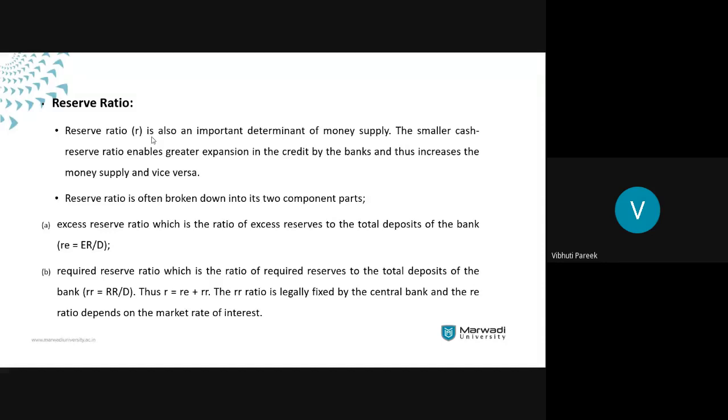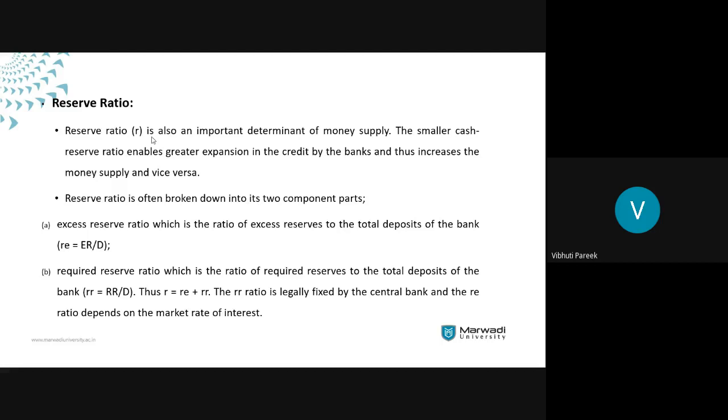Okay, the next determinant is reserve ratio. Now, what is reserve ratio? Reserve ratio is denoted with R, and this is also a very important determinant of money supply. Why is that so?